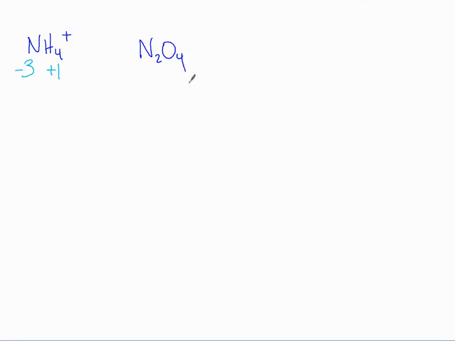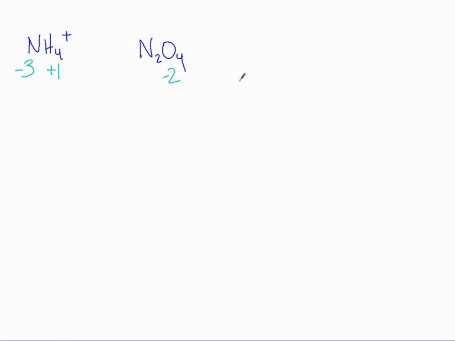Dinitrogen tetroxide. The oxidation number of oxygen, negative 2. The oxidation number of nitrogen here is not going to be its negative 3 like in the previous examples. We have to figure this one out. So overall, this is a neutral compound, its charge is 0.